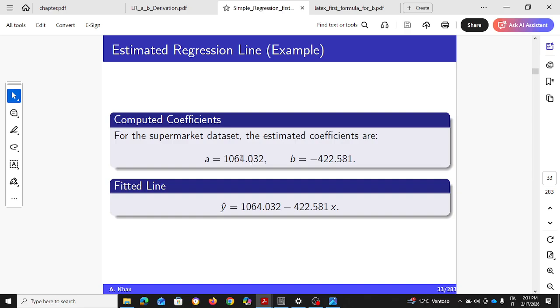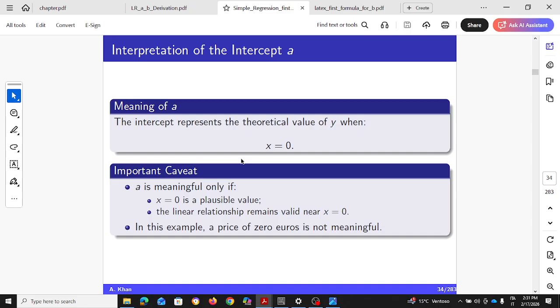This means we will sell this much product at 0 price, which is completely not a better idea, to sell everything for free. So for this intercept, sometimes it does not have a meaningful answer, but it just helps us to start the regression line, and we have to start the regression line from somewhere. Yes, just a geometrical interpretation, and its meaning is just to indicate from where we start our intercept.